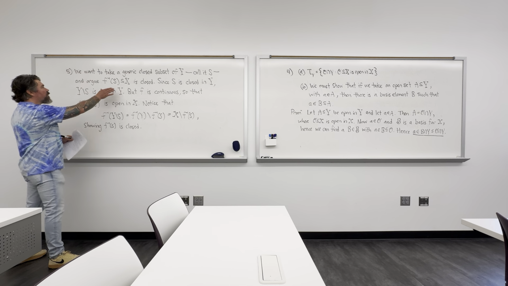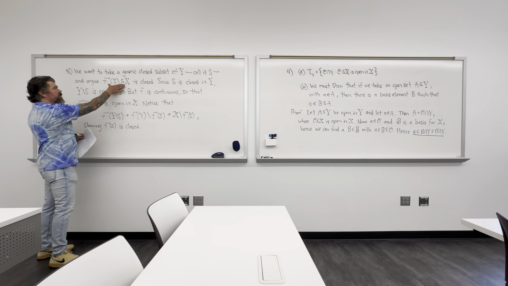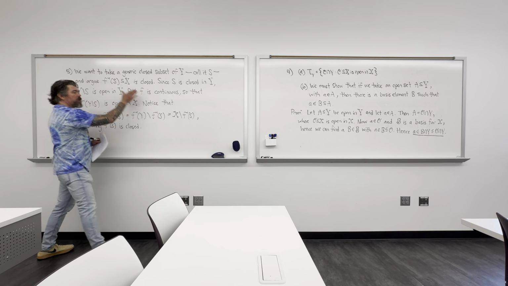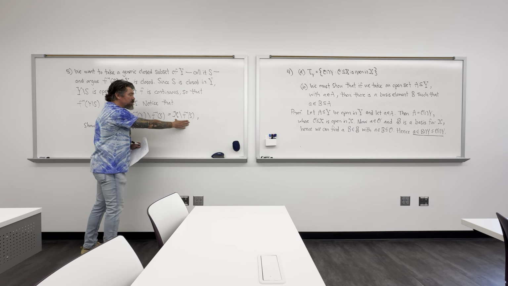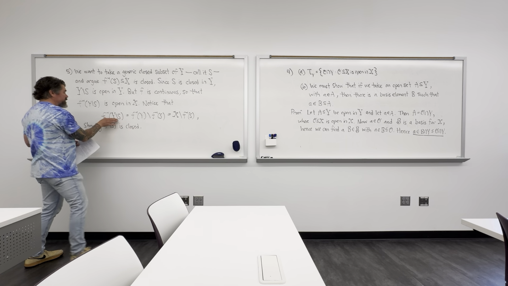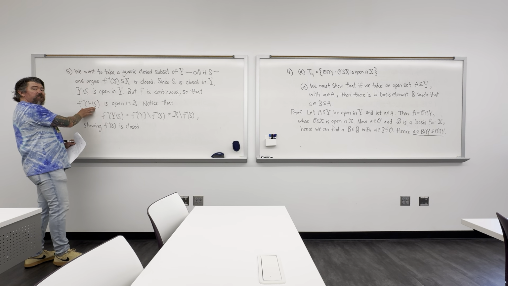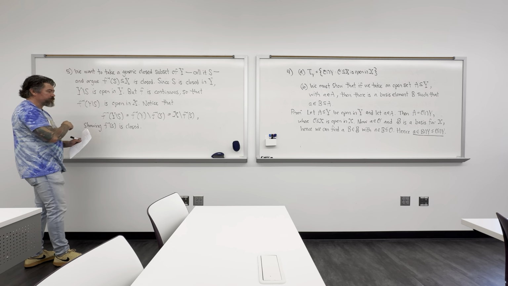Right? Because we wanted to argue this is a subset of X. We wanted to argue that that's closed. Well, look, the complement is open. Because the complement equals this, and we already said this was open because f was continuous.